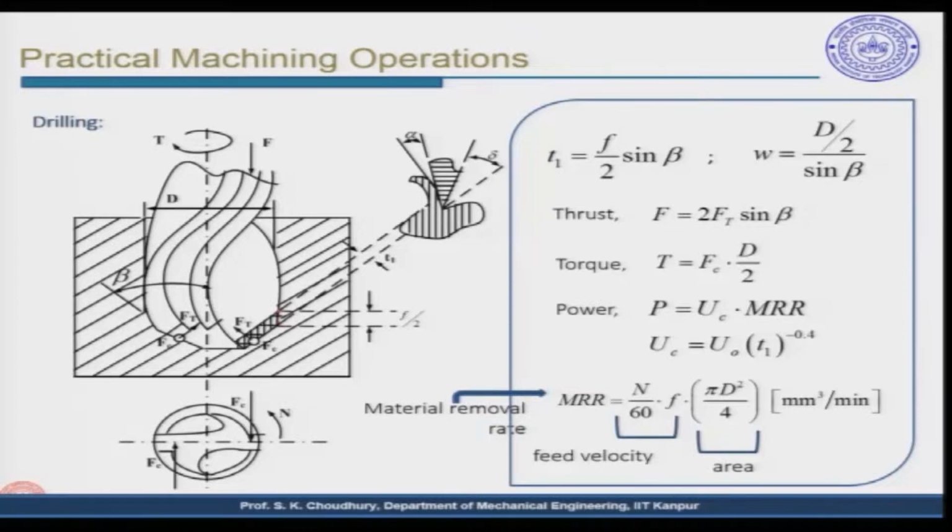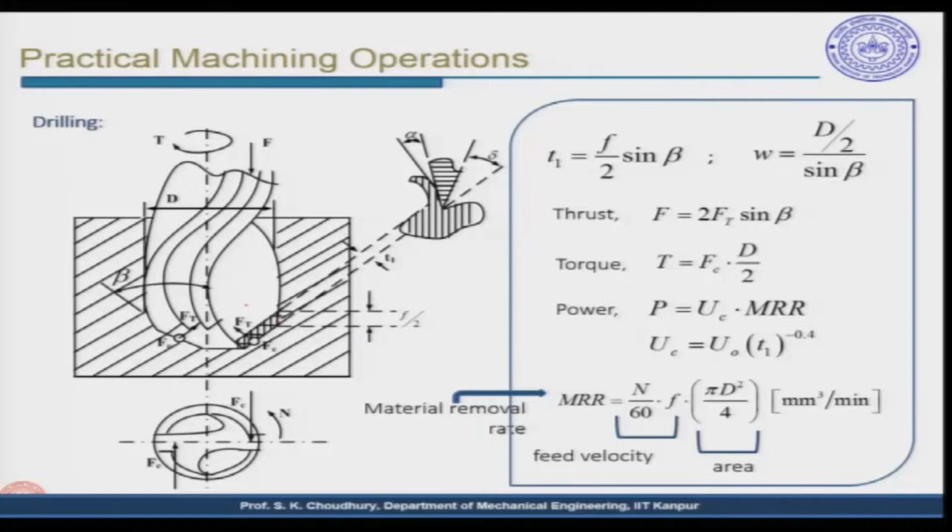Therefore, the distance between these 2 points will be f by 2, half of the feed, because there are 2 teeth. In comparison to tools used in turning, shaping or planing, here we have the 2 teeth. So, this f will be distributed amongst these 2, and this distance will be f by 2.